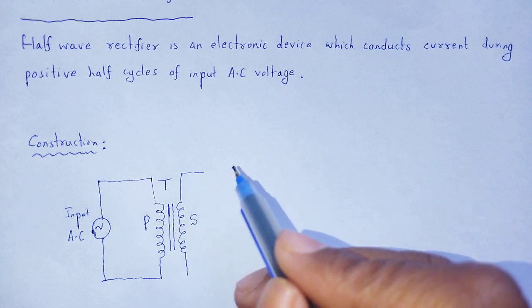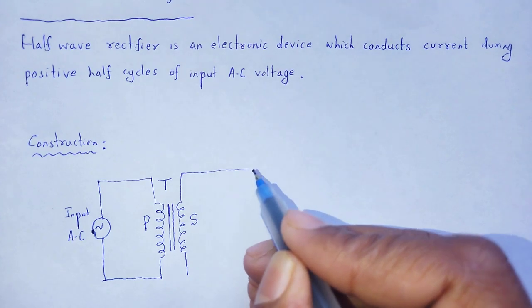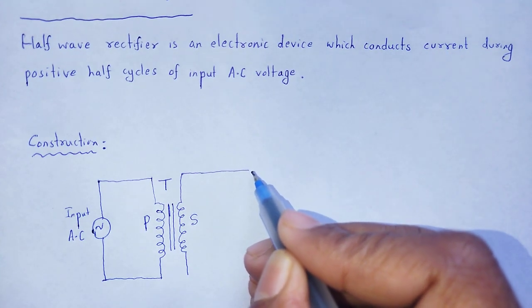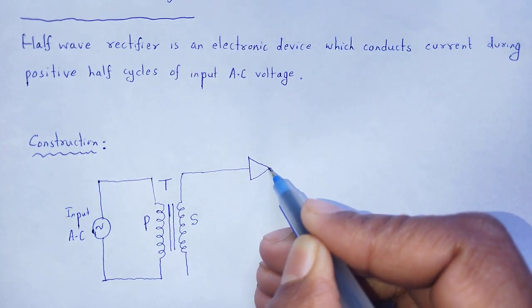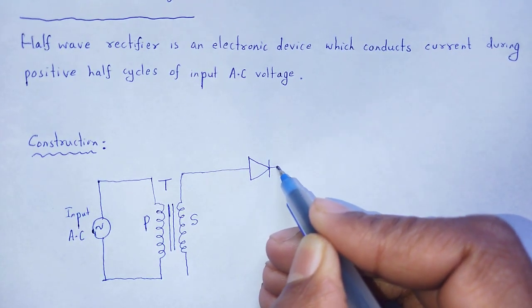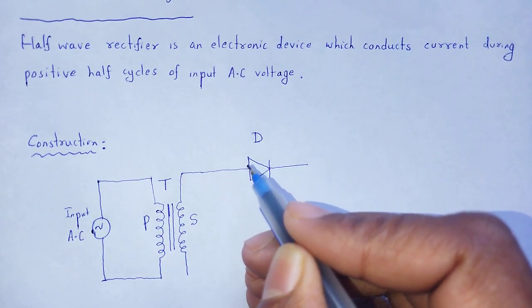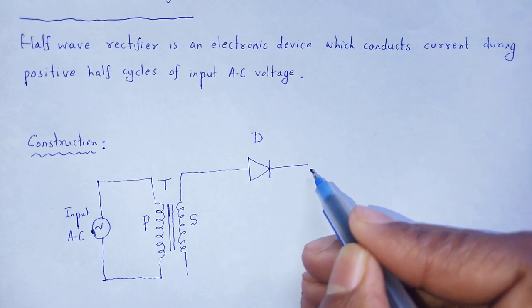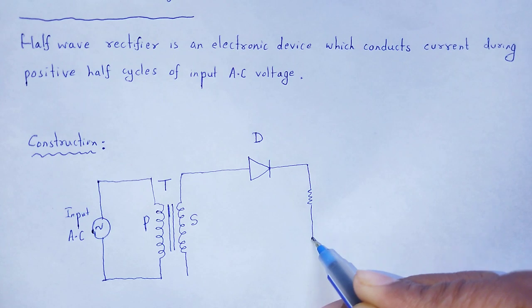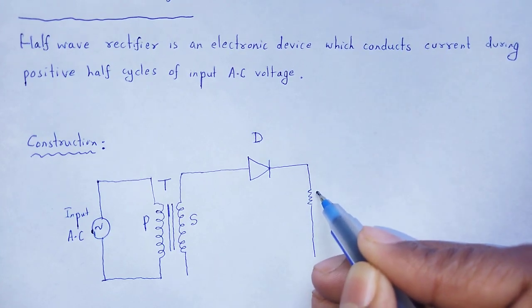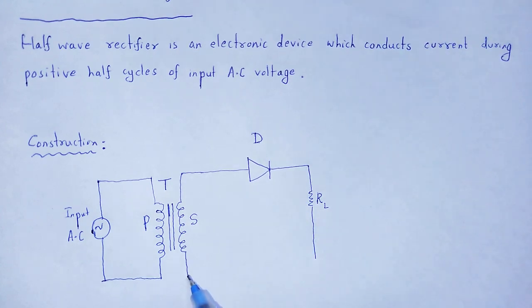That secondary coil is connected to the semiconductor diode D and with the load resistance RL in series.